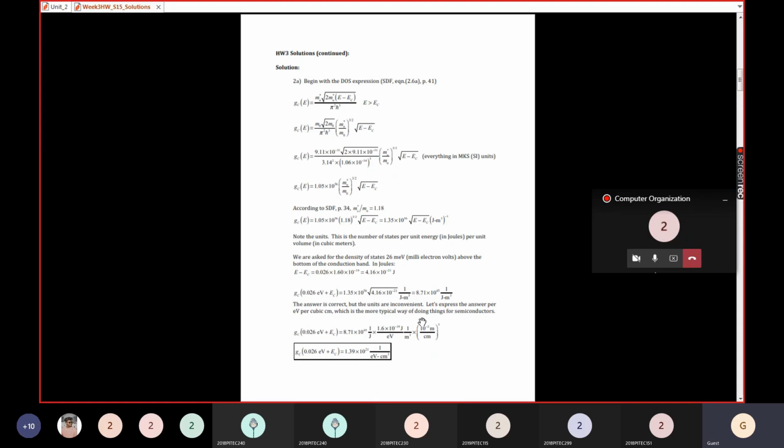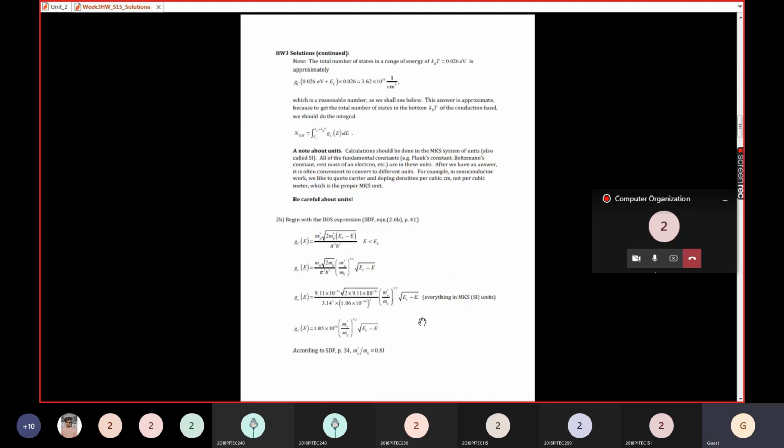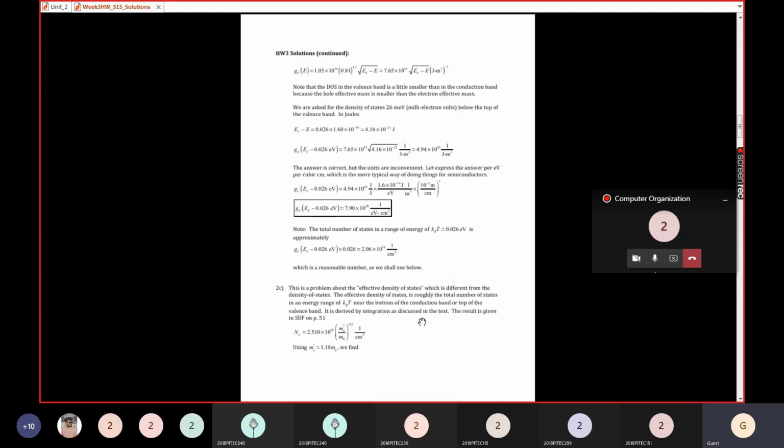I didn't tell you the equation in the introduction part, so I will give another suggestion. First, let us see what the effective density is, then we will come back to the density of states. Because if you understand this basic formulation, you can solve for the density of states present in the conduction band as well as in the valence band. Okay, so now let us check here.